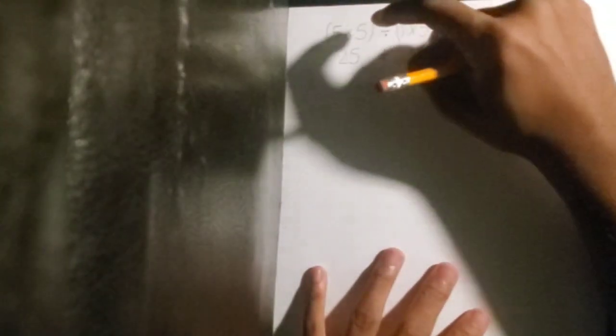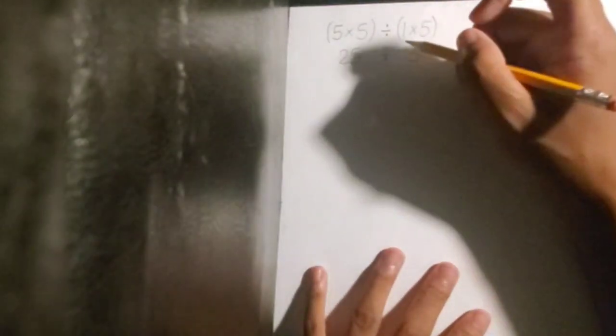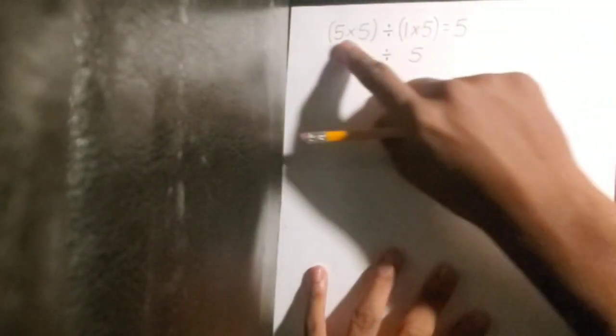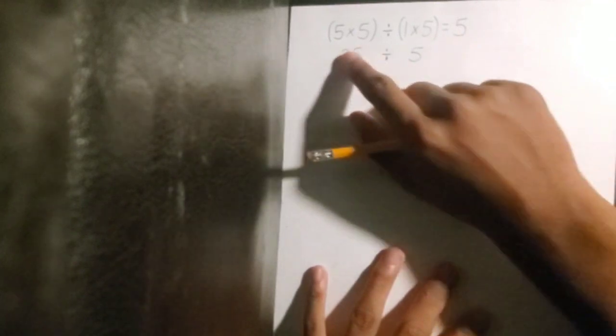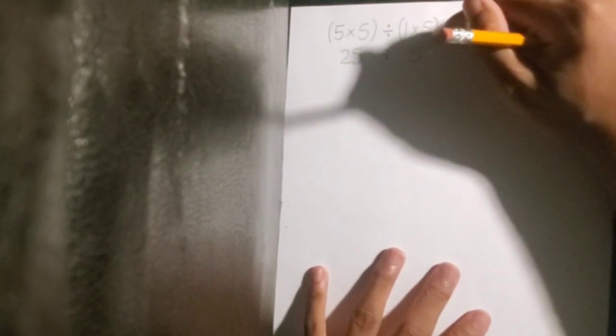See, the division is right there. First we have to solve what's in the parentheses. Now 25 divided by 5 equals 5. That is the answer. You always have to solve in the parentheses. See how impressive that looks?